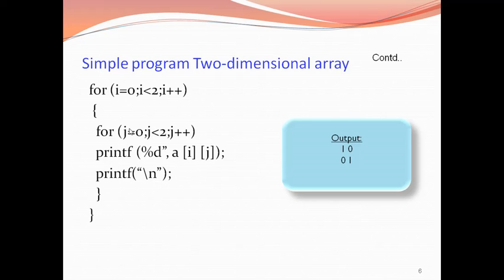That's why, in the first element of the array, the 0th row and 0th column, position 0 0, it is stored as 1, and in the second row, the second column, subscripted as 1 1, that is initialized as 1.